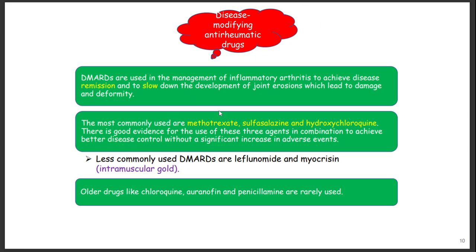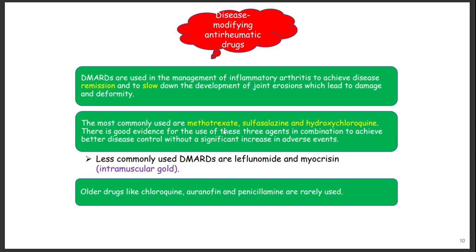So the other DMARDs are less commonly used, like leflunomide and myocrisin, which is the intramuscular gold. Other drugs like chloroquine, auranofin, and penicillamine are rarely used.